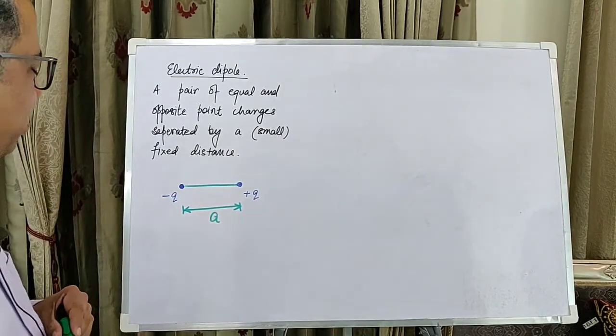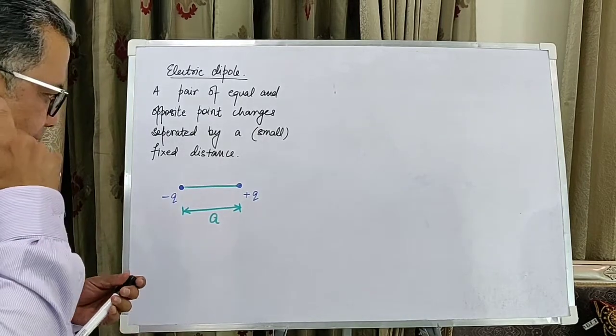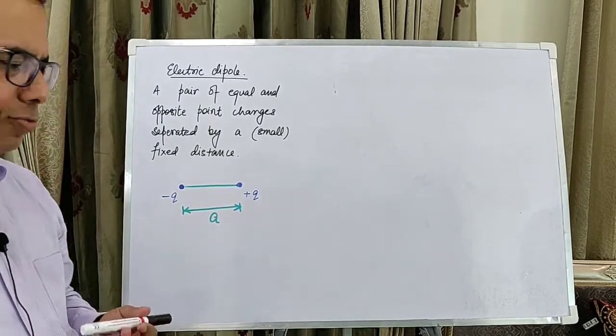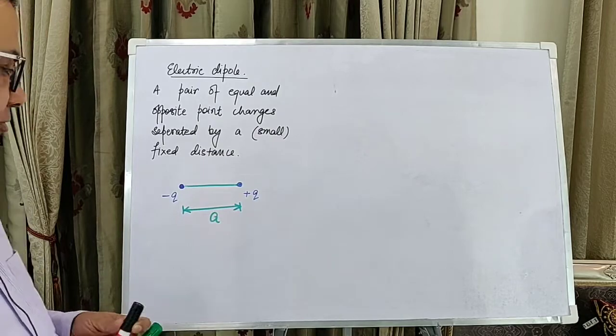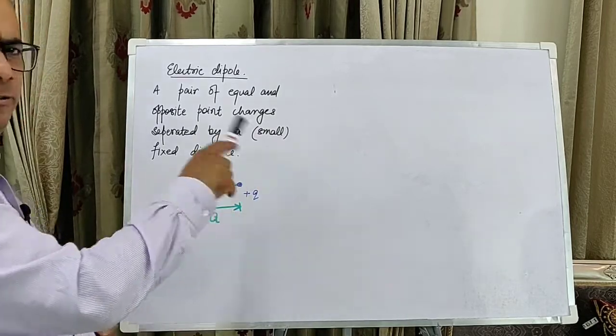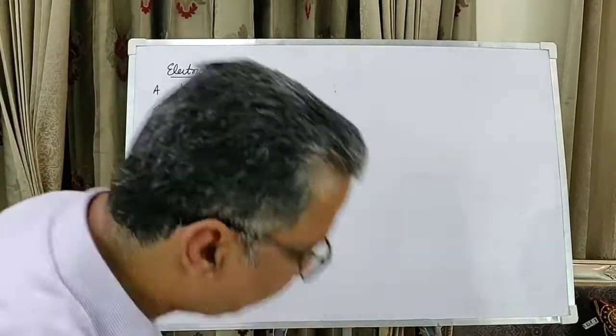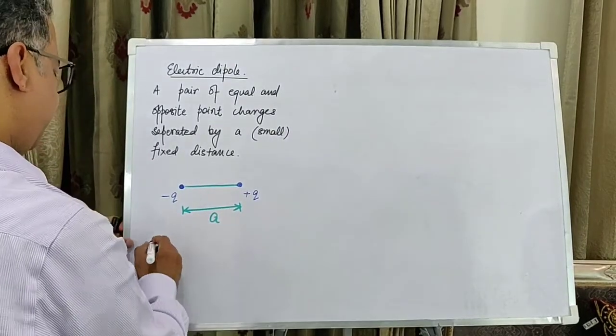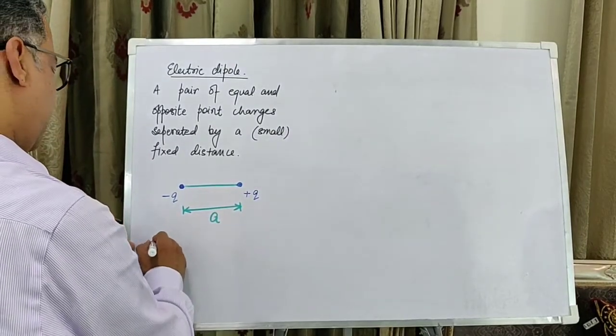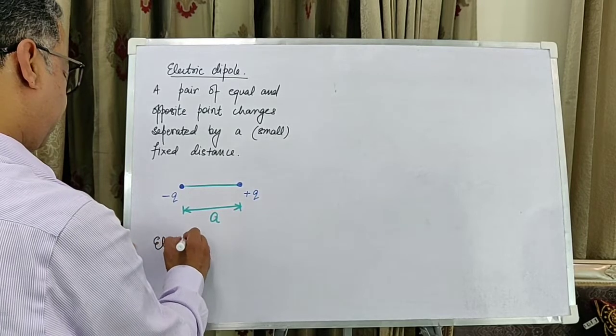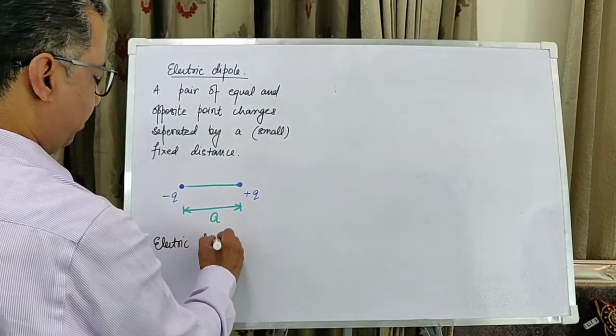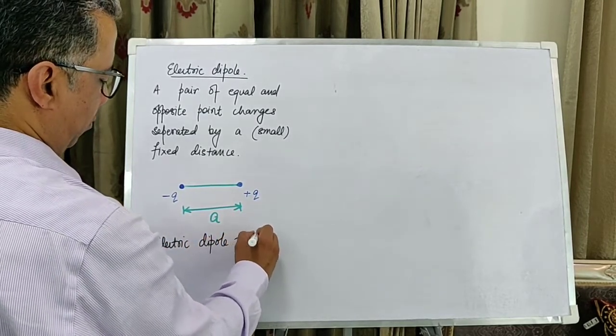Now a dipole has a physical quantity associated with it. We define a physical quantity which measures the magnitude of this dipole, and that physical quantity is called the electric dipole moment.